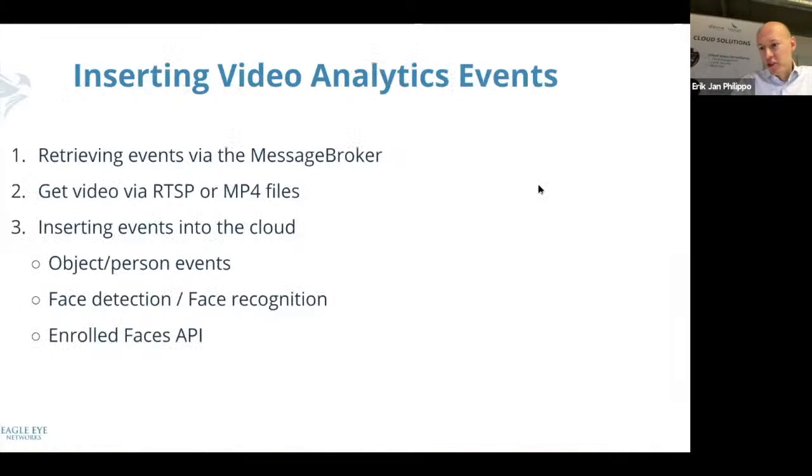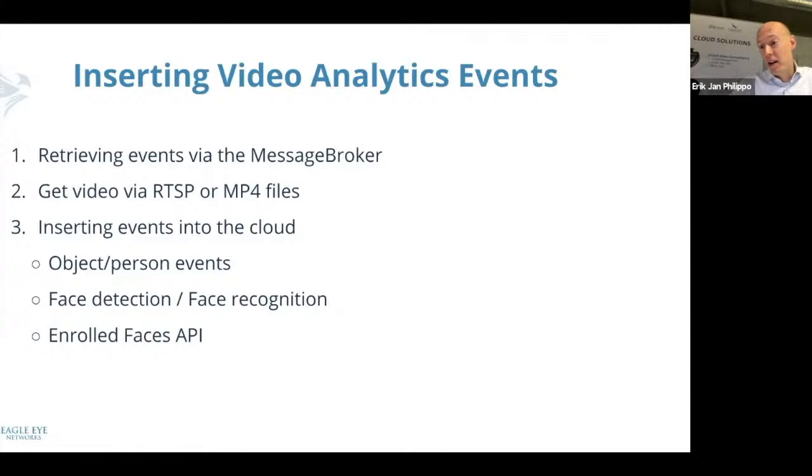Eagle Eye Networks is working on improving edge analytics. One of the things we are doing is the Eagle Eye Cloud camera specification. The other way is that we are building the APIs to do third-party analytics and insert the events back into the cloud.